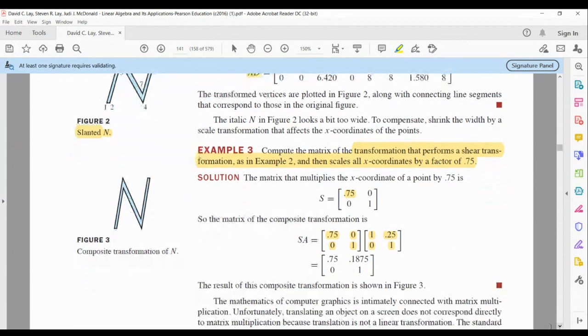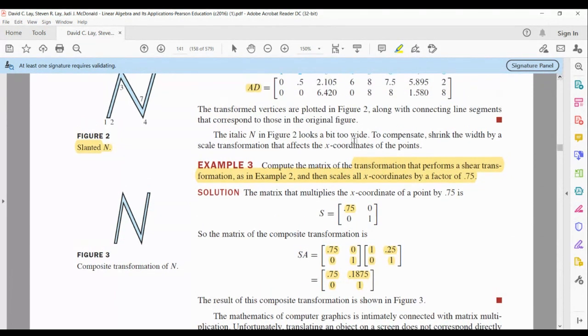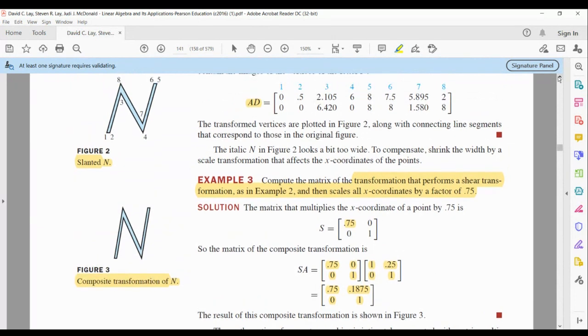Together, this matrix, called a composite matrix, does the shearing of the letter N and the scaling down by 25% in the x direction. It does that all in one step. And so the composite transformation would produce this N.